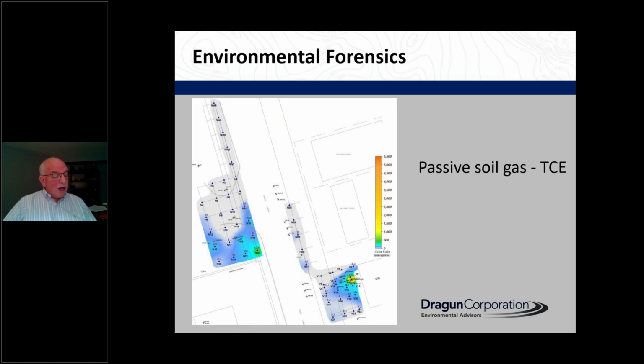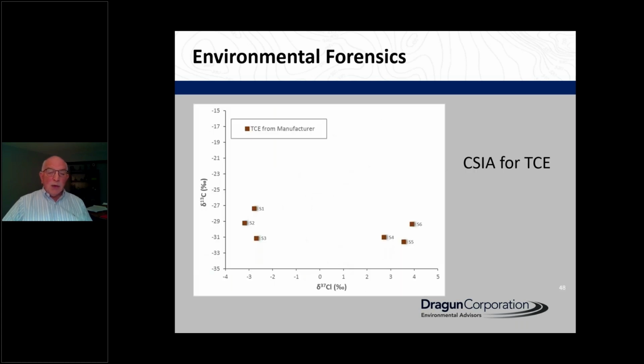We wanted to have another technique that didn't use the standard groundwater flow approach. So this line of evidence was the compound specific isotope analysis for TCE. TCE was the main contaminant.